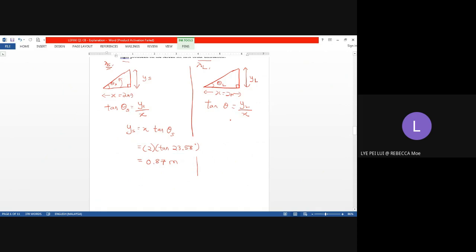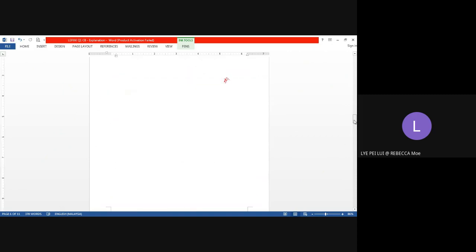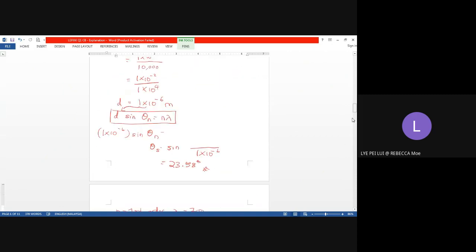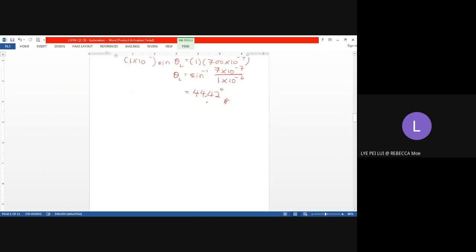Then I substitute my information. YL equals, cross multiplication, I get X tangent theta L. Don't forget YL, theta L, equal to tangent. Just now, how much did we determine for our second theta? 44.42.